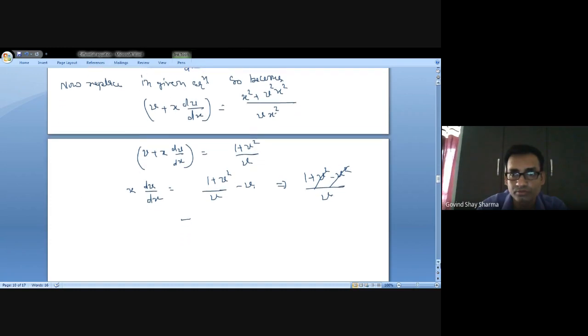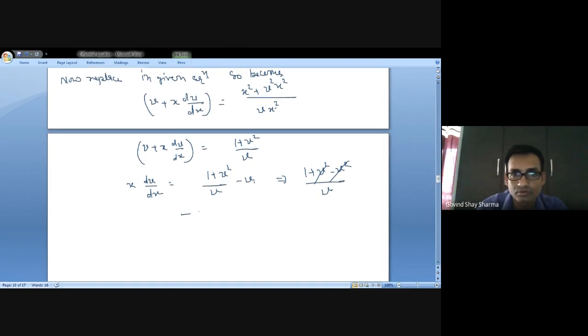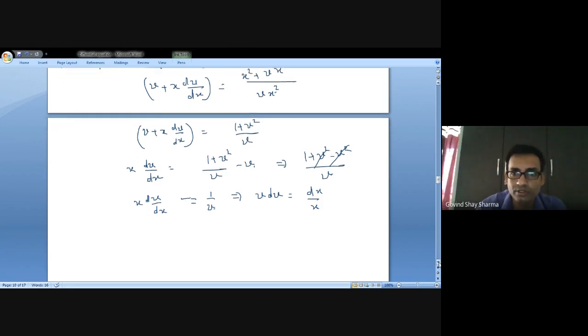It becomes 1. So here we find dv is equal to dx upon x, by variable separation. Now we can easily integrate.